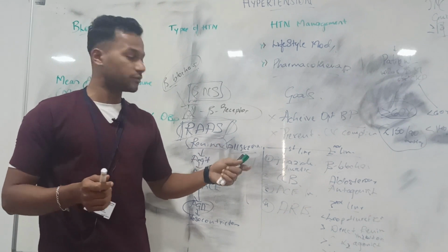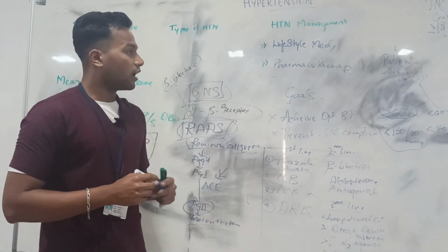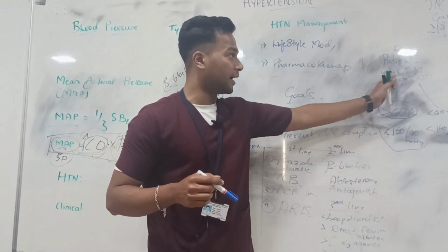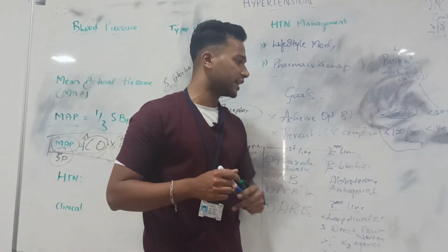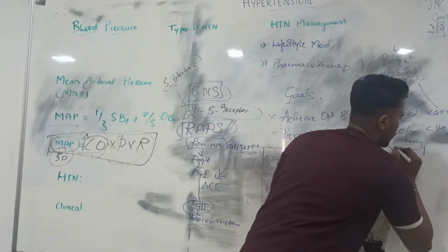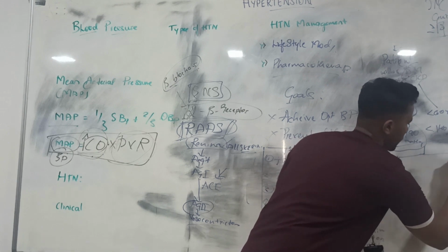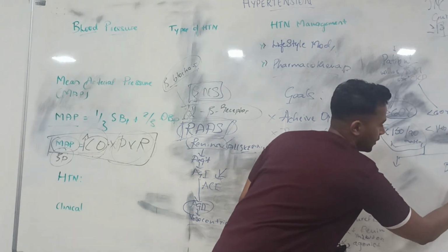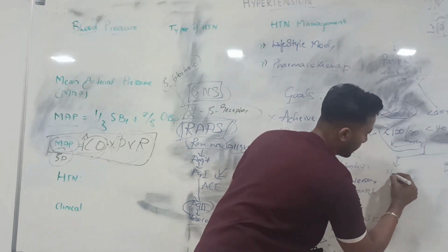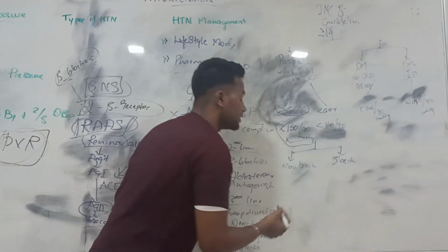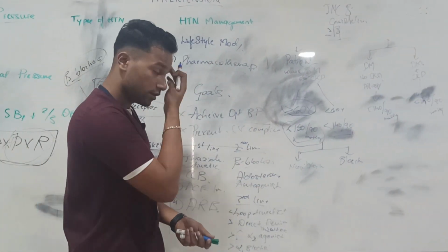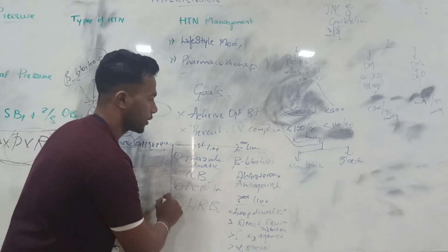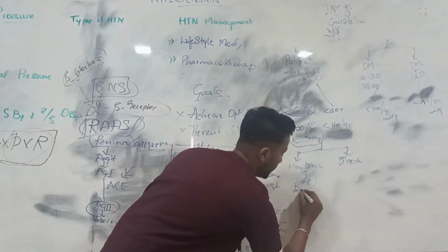So now coming to patients having DM or without any DM, or CKD. Here, for both, it can be divided into two groups, that is patients who are black and patients who are non-black. The interesting thing is, in the non-black patients we can use all the four drugs, anything you can choose.